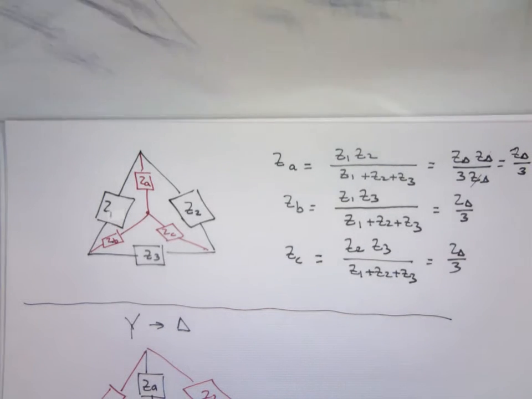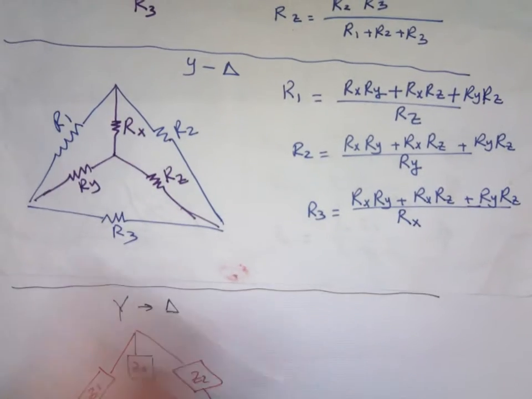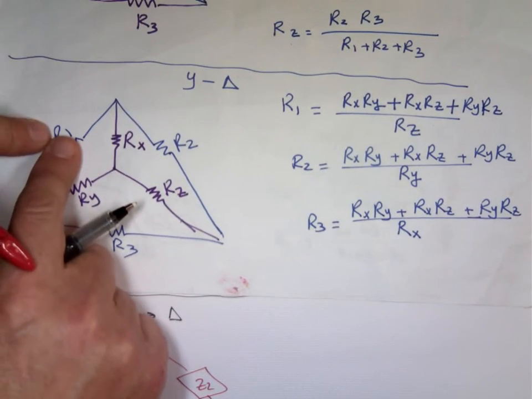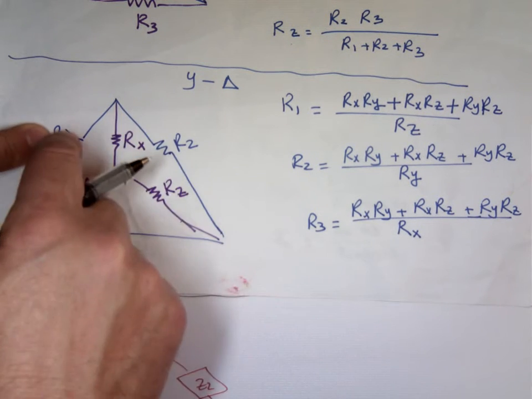Just like the resistors we did here, remember the resistors? We said if you want to find this value, you go this times this, plus this times this, plus this times this, over the one opposite, which is this one.